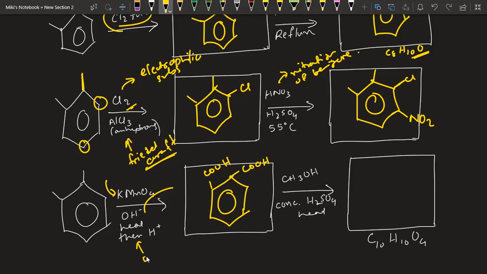This was oxidation for such side chains. Now, what is this? Try to recall. This is a very early topic. This is actually esterification.